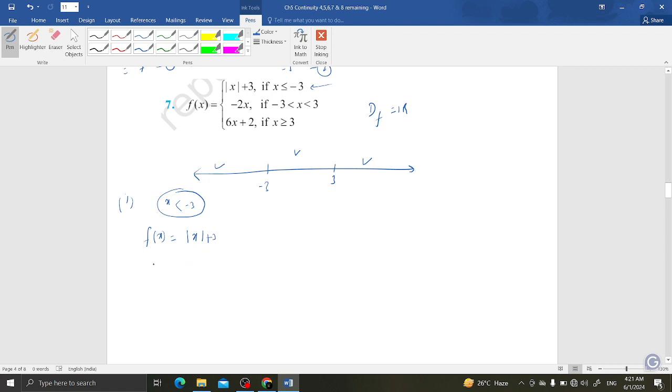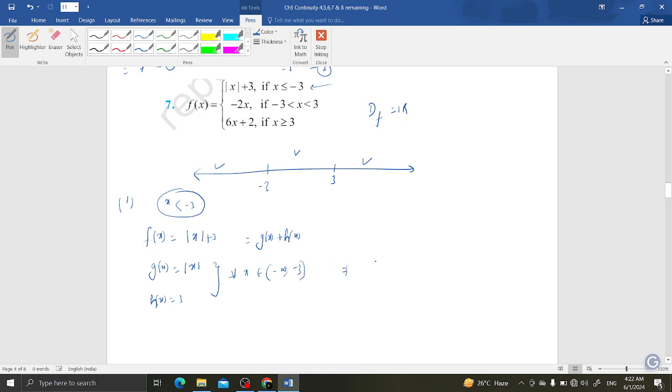Or you can say that f of x is the sum of two functions, g of x plus h of x. Okay, so what is our g of x, what is our h of x? g of x is mod x, and h of x is our constant function, that is 3. And they both are also defined for all x belonging to minus infinity to open minus 3.